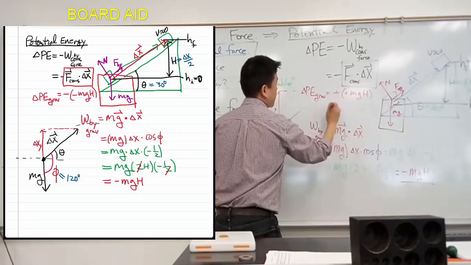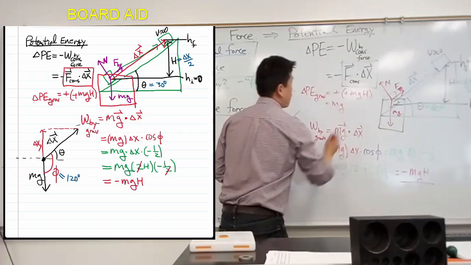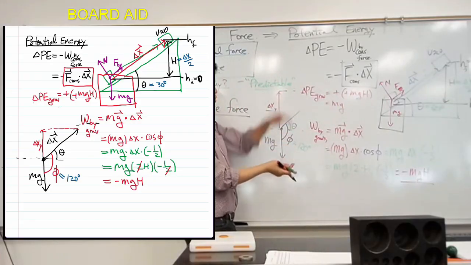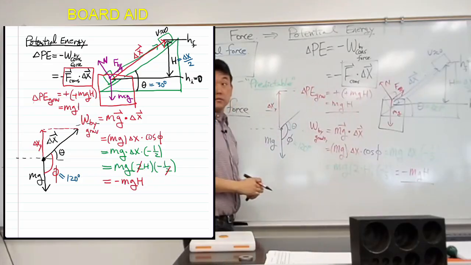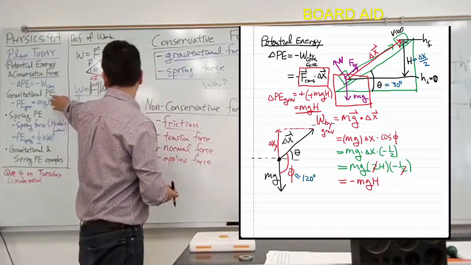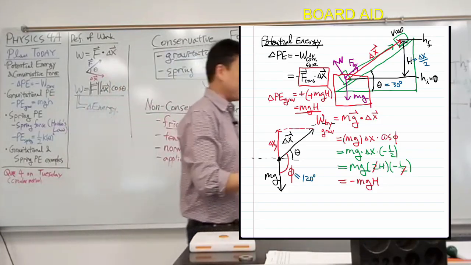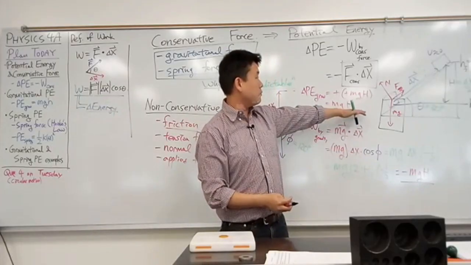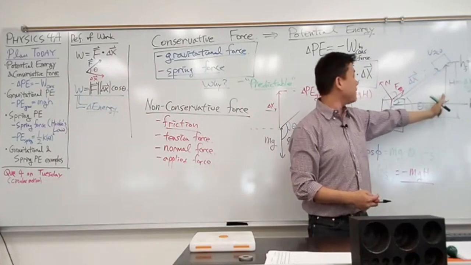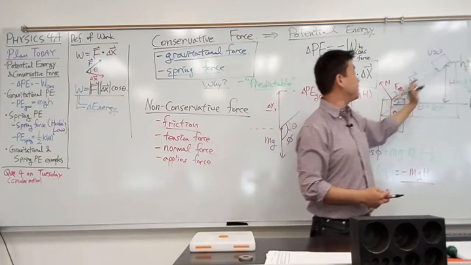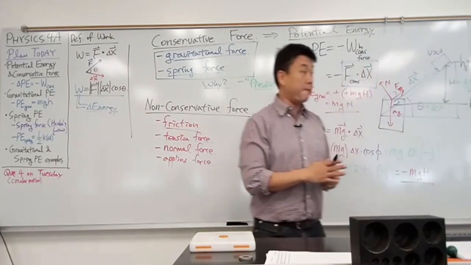So these two minuses cancel. And so when there's a change in height of h, the change in gravitational potential energy is mgh. And that was the formula that you were using last time. That's why you care about the change in height alone, not the entire distance that you travel over the ramp.